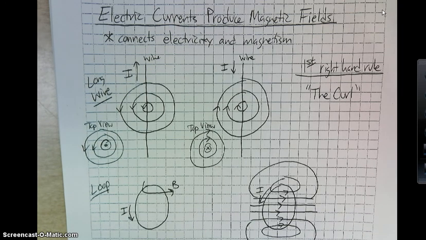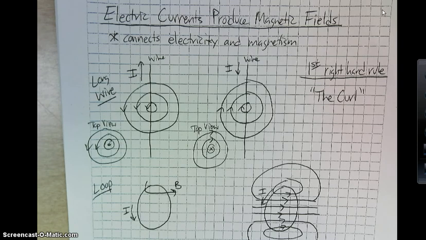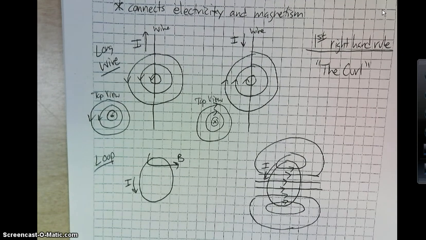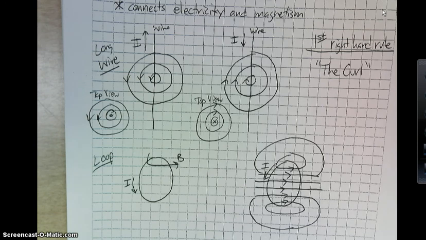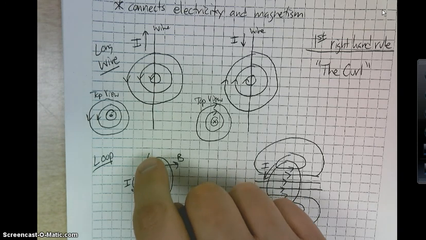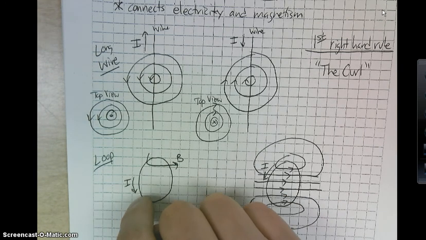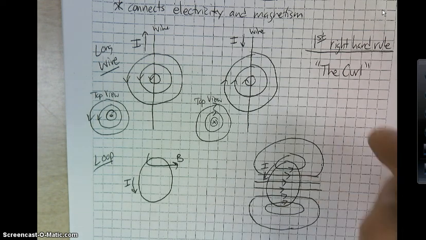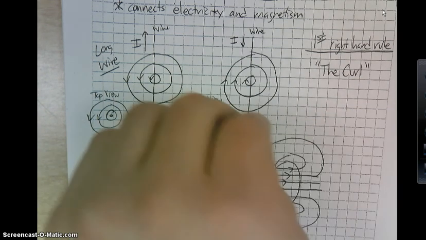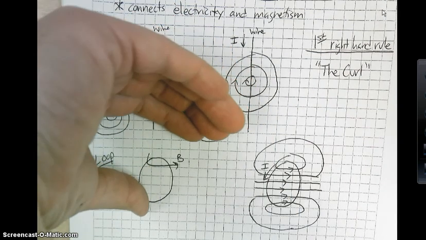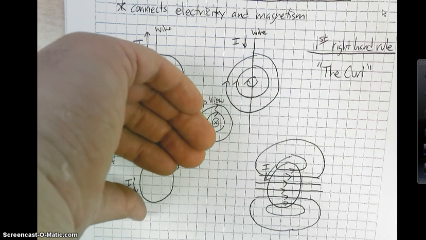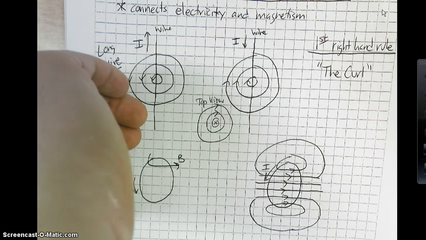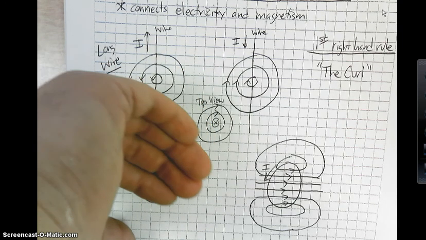We can go one little step further and talk about a loop of wire. This one is kind of hard to picture, but if I had a loop of wire like this, you'd be using the curl rule, and the field is curling from the outside of the wire through the middle of it.